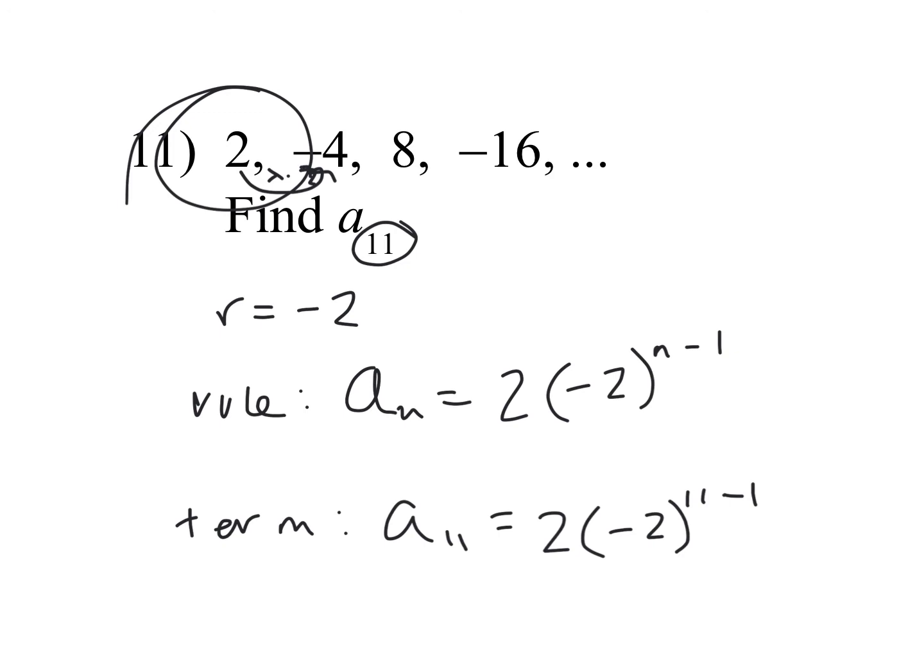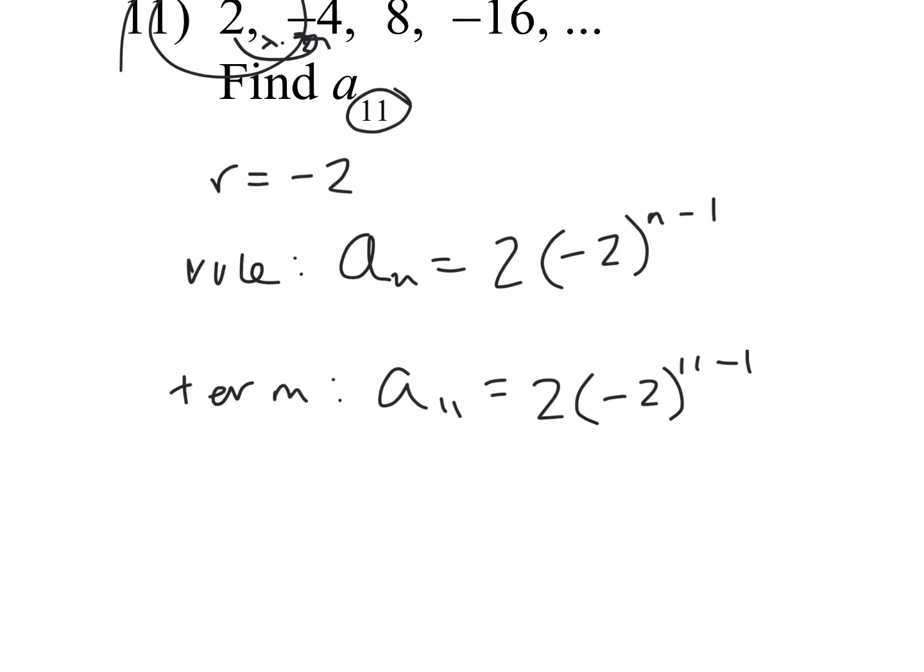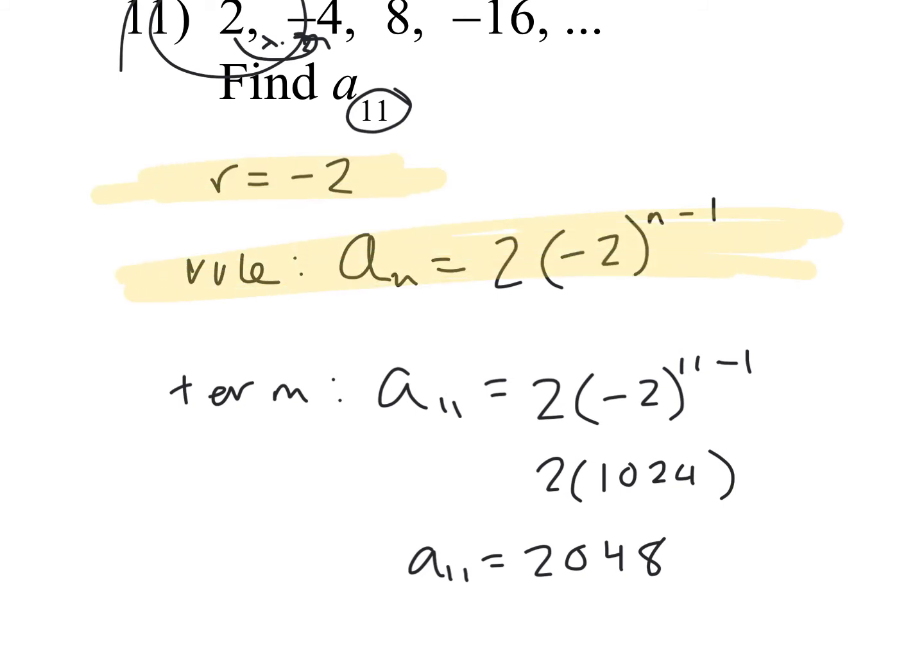So negative 2 to the power of 10 would be 1,024. So we have 2 times 1,024, which would be 2,048. That's our 11th term. So our answers here, we have our common ratio, our rule, and our term.